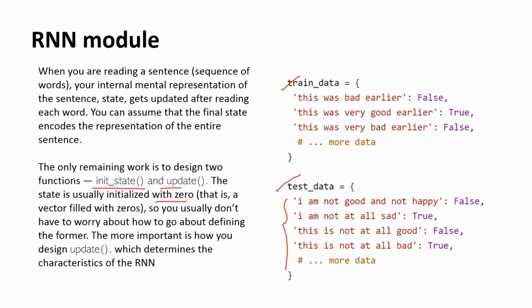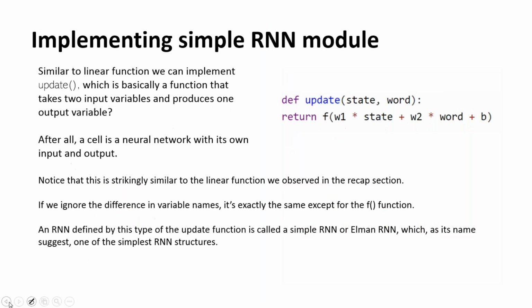That's why the state is usually initialized with 0, basically a vector that has zeros. So you usually don't have to worry about how to go about defining the former. That's already decided. The more important part is how you design update, which determines the characteristics of RNN. So update is the thing that we have to take care of.